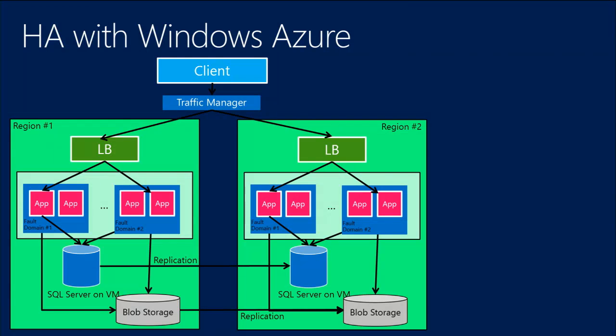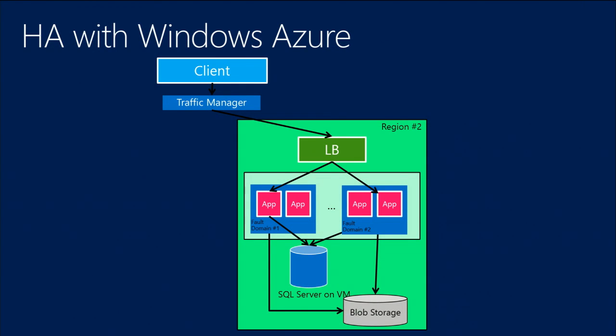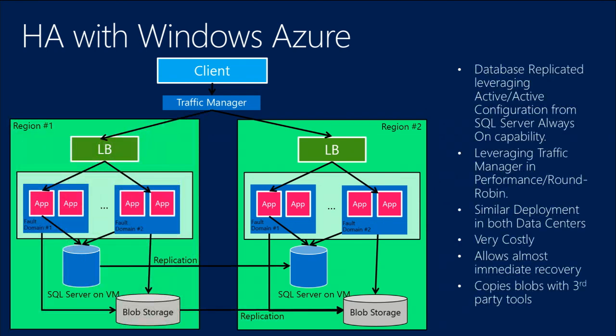So I have two systems running exactly the same thing, in two different data centers. If I'm here, I'm going directly to the South US. If I'm in North US, I'm going to the North Central US deployment, and so on. They are exactly the same. They are synced. They are in an active solution. But if one fails, I won't even notice, because I will be redirected to the other one, and, oh, maybe the performance went a little bit glitchy, but it's still there, and I can recover.